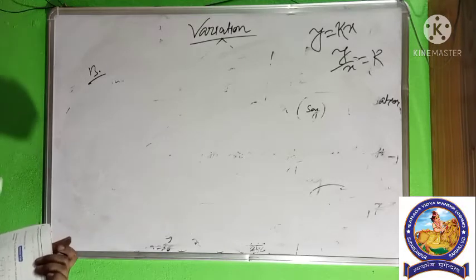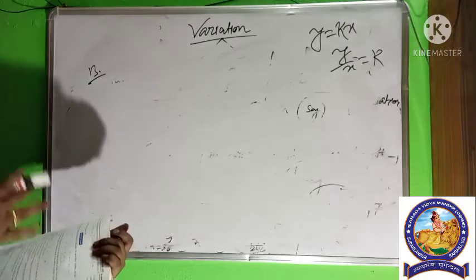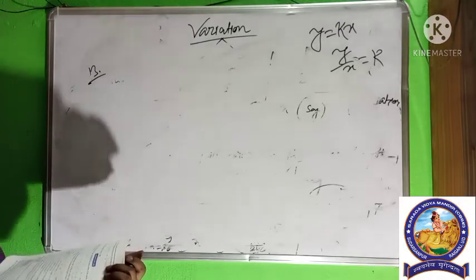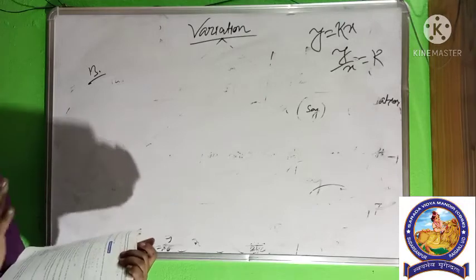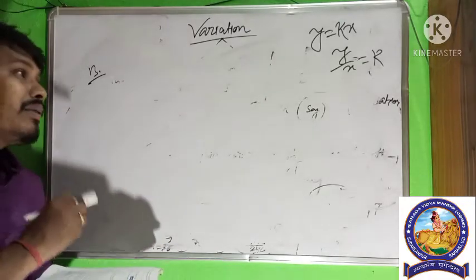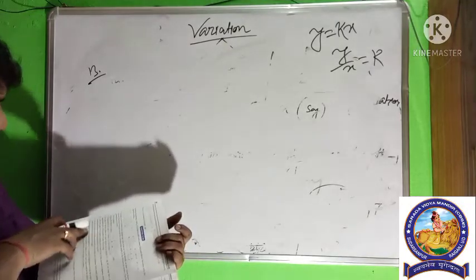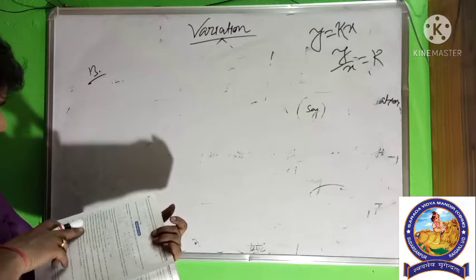But since we are now doing the variation chapter, we must follow the rules of variation. Otherwise the question is very easy.